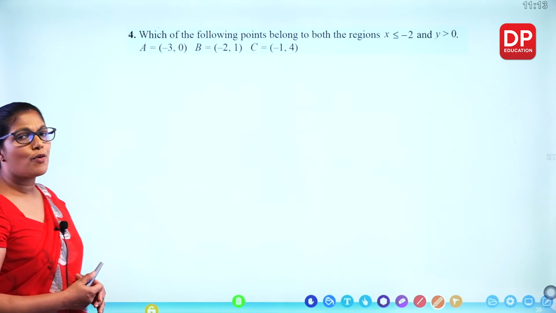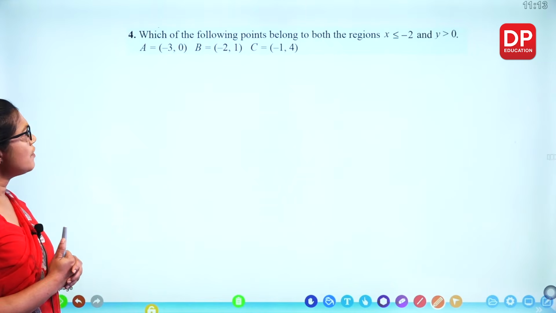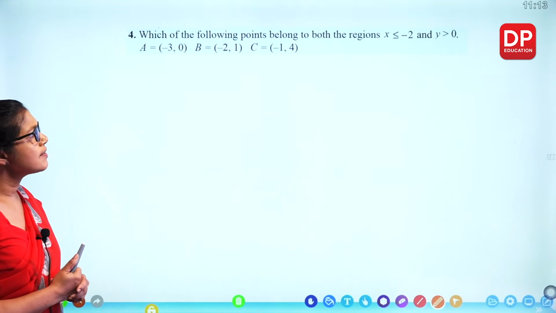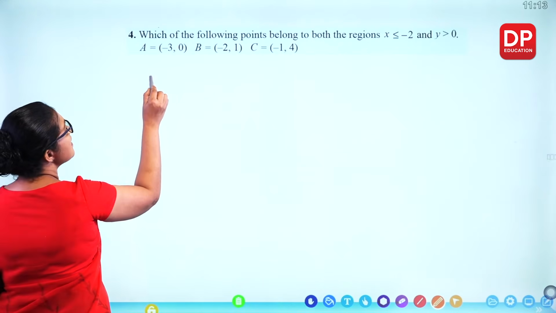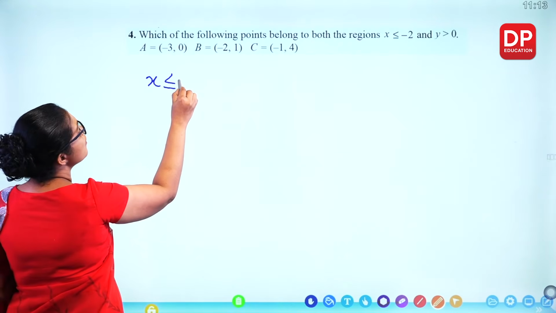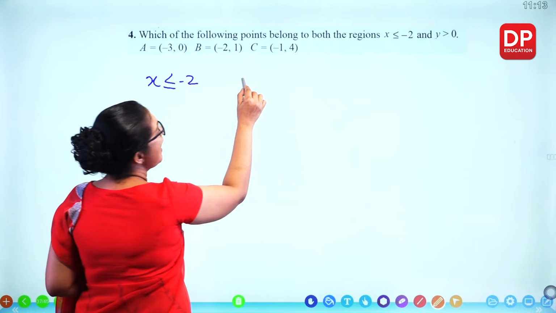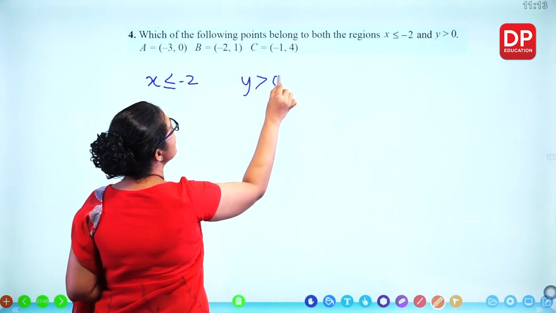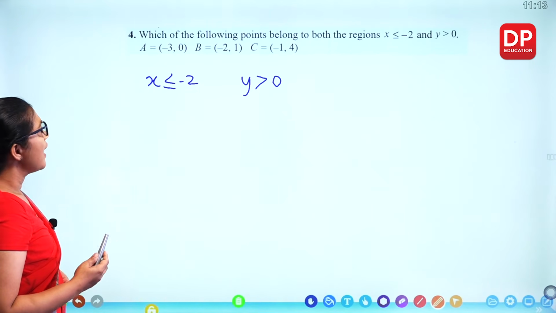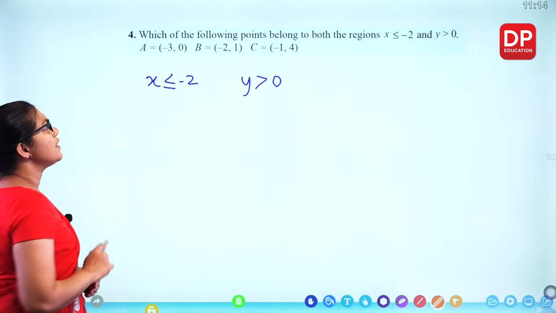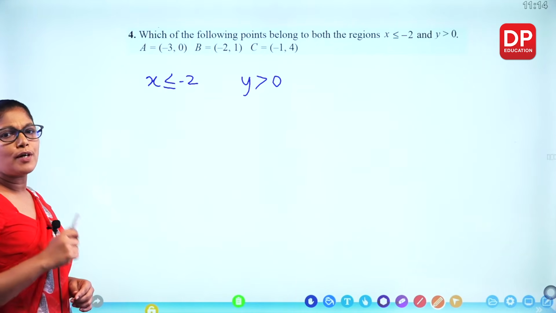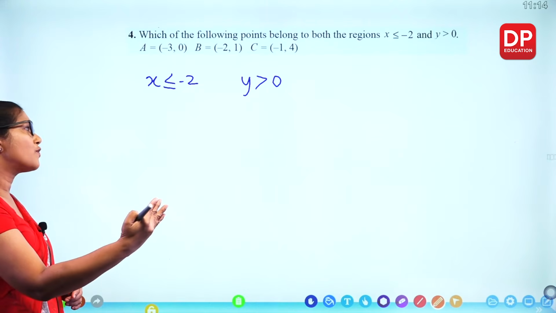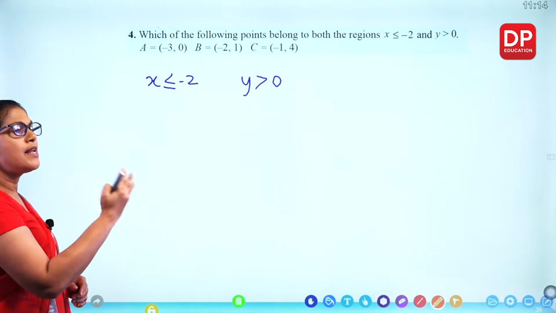Now we'll take the fourth question. Which of the following points belong to both the regions? It says x less than or equal to minus 2 and y greater than 0. Now look carefully at the x values first. We need x less than or equal to minus 2. So the maximum x value is minus 2 and any value less than that.